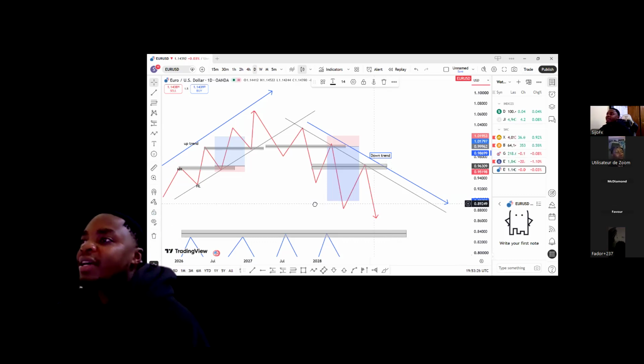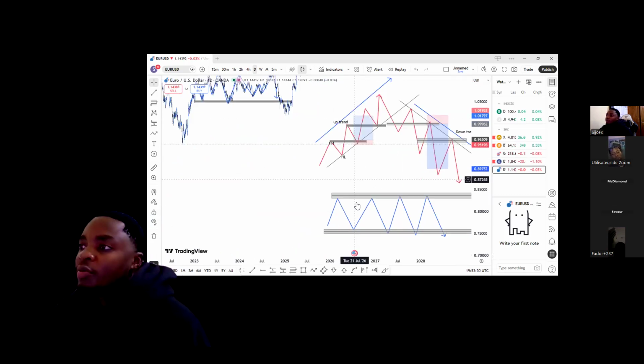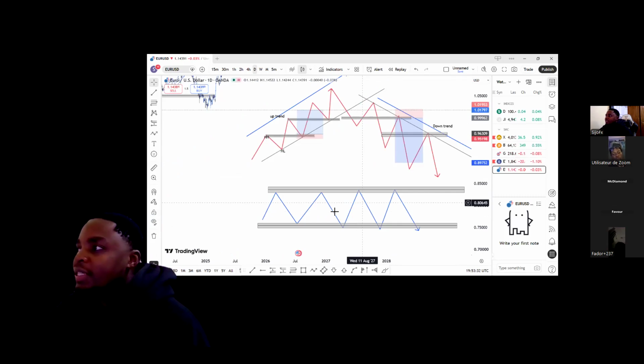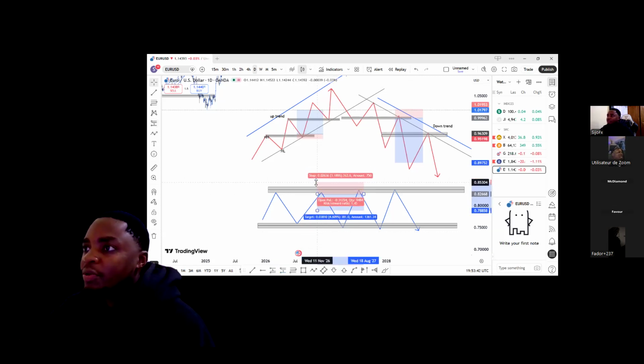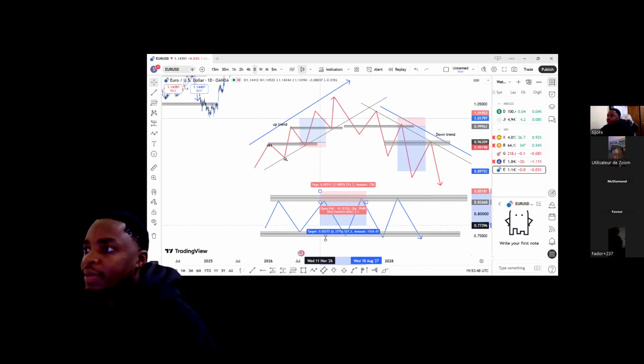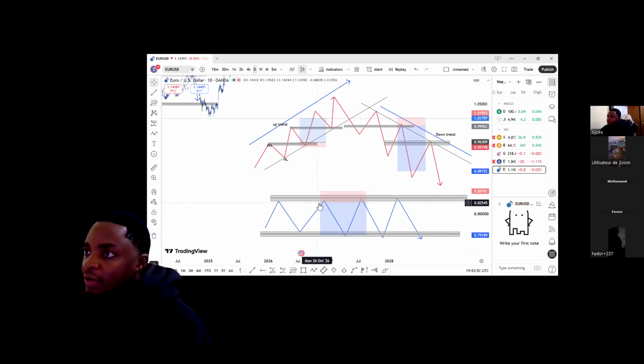When you want to buy in a ranging market, although I will not be advising you as a beginner to trade this type of market, if you spot it and want to buy, you're not supposed to buy from a resistance. When you are selling, you put your stop loss behind the resistance, and you sell to the downside.